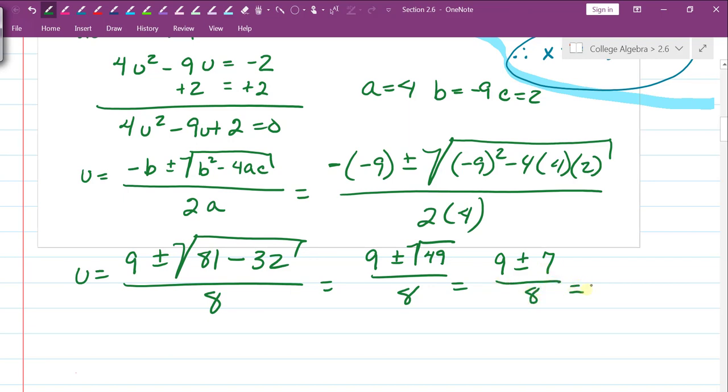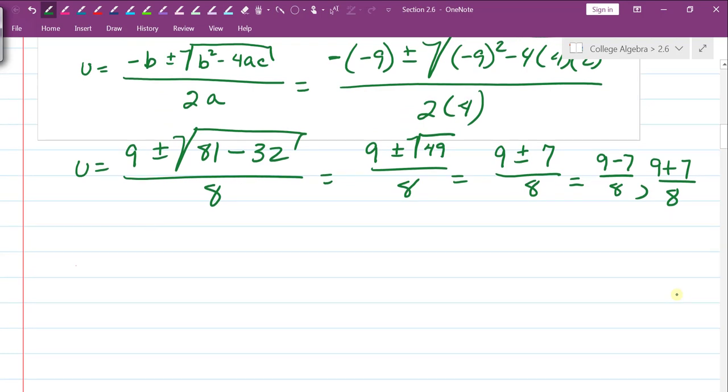So this is going to be equal to 9 minus 7 divided by 8. And my second answer is 9 plus 7 divided by 8. So I have u is equal to 9 minus 7 is 2.